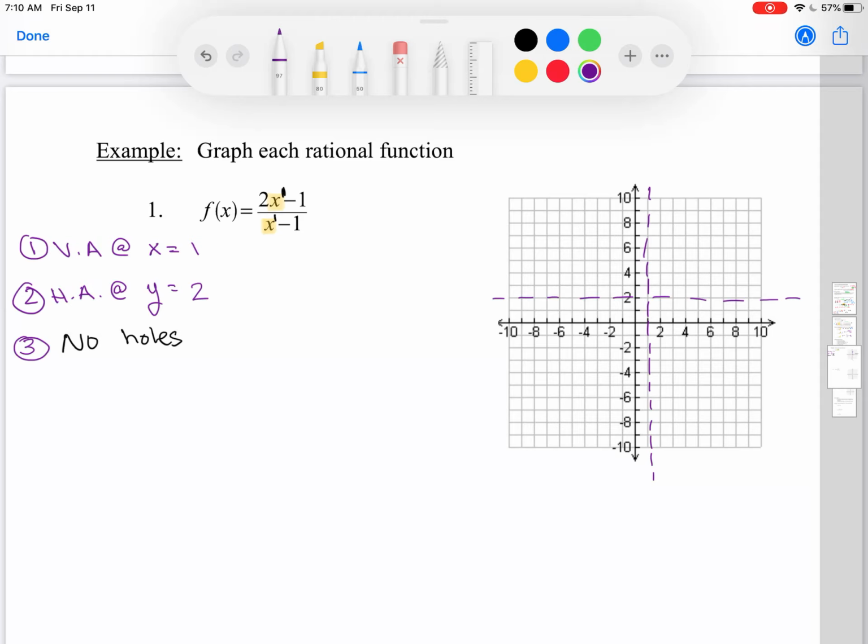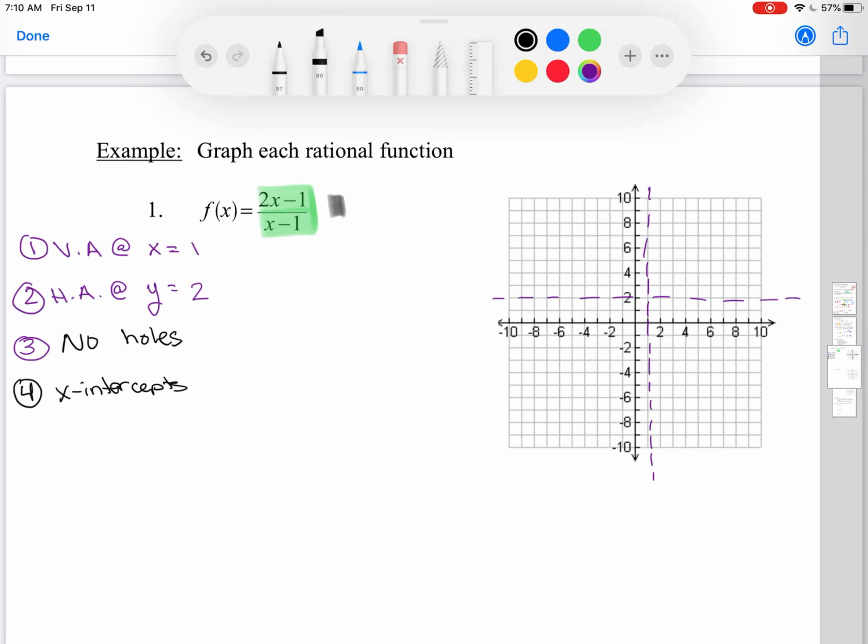Step 4 is going to be finding the x-intercepts. Well, for x-intercepts, we are just focused on the numerator, because when we find the x-intercepts, we're finding where the function is 0.